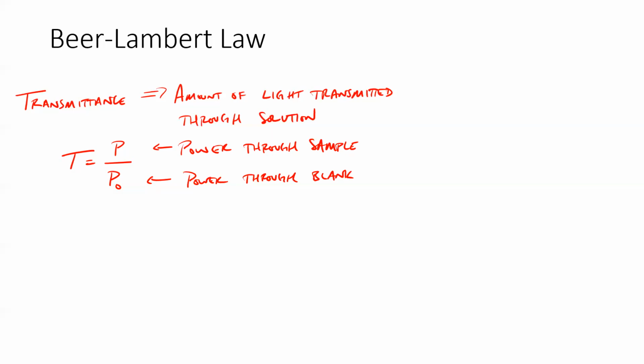We certainly could, but we talk about it in terms of absorbance. And so the absorbance is related to transmittance, and it's the negative log of T. And of course, if we know our log rules, we know that T is 10 to the negative A.